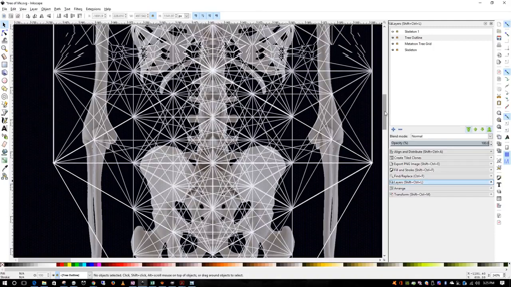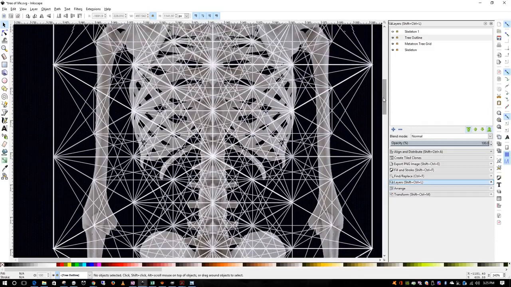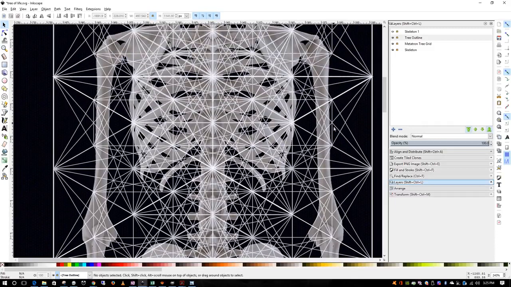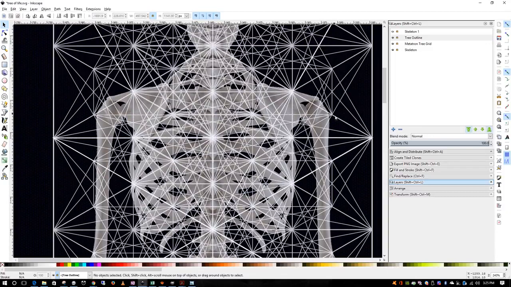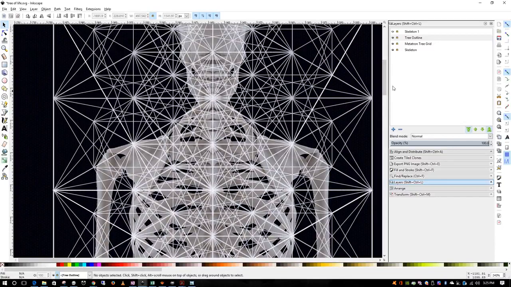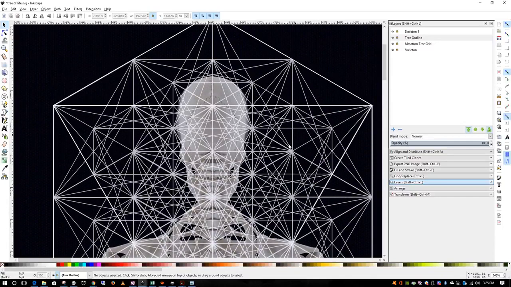And then, of course, the lines that follow the spine, all the way up, arms contained inside of these vertical lines here. The shoulders following the same lines that we see here. The shoulders crisscrossing up and even to the neck area, coming to a point right at the base of the skull where the globe of the skull is. And then, of course, the triangle that surrounds the whole skull itself.